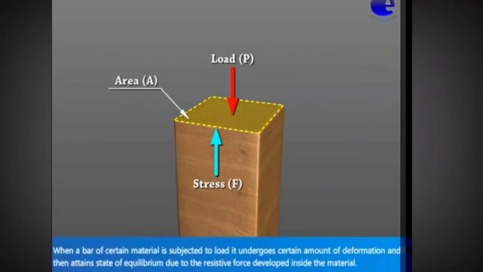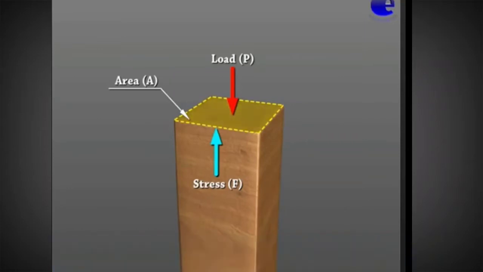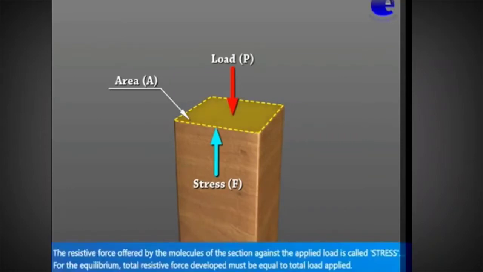When a bar of certain material is subjected to load, it undergoes a certain amount of deformation and then attains a state of equilibrium due to the resistive force developed inside the material. The resistive force offered by the molecules of the section against the applied load is called stress. For equilibrium, the total resistive force developed must be equal to the total load applied.